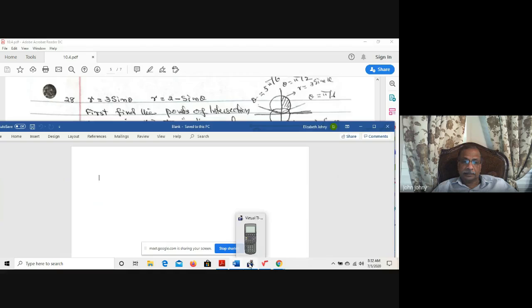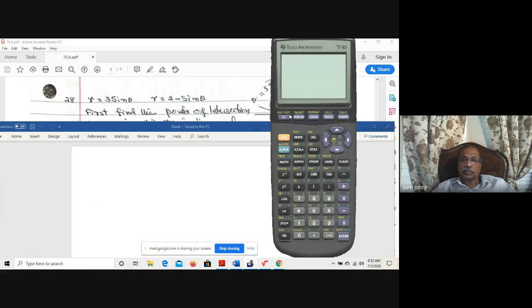First one, r is equal to 3 sine theta. We have to change the window, at least the upper y value.